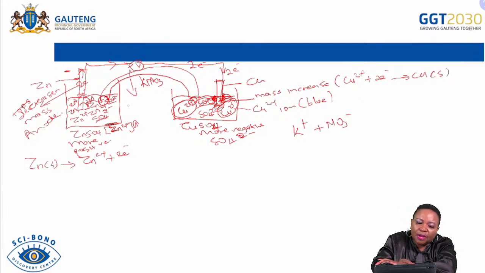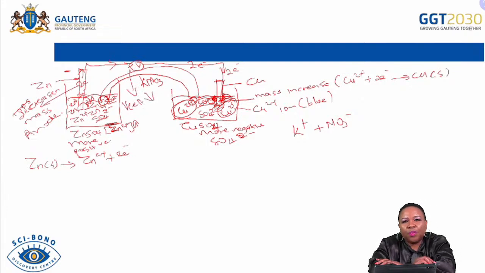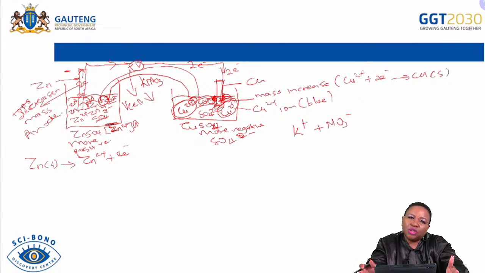It will affect the cell potential, our V cell, because the V cell will start to decrease. The formation of positive ions at the zinc half cell will cause the V cell to decrease, and the using up of the Cu2+ ions at the site of reduction will cause the V cell to decrease.